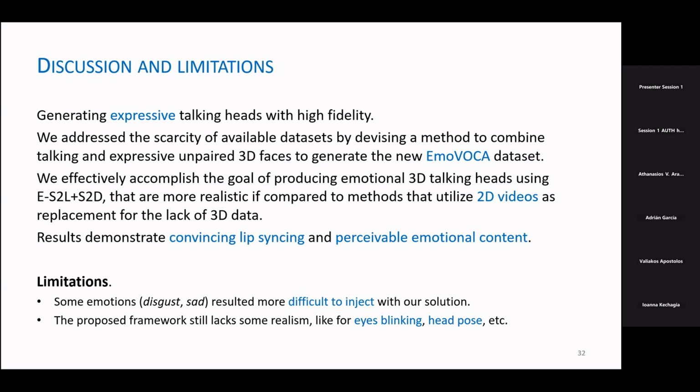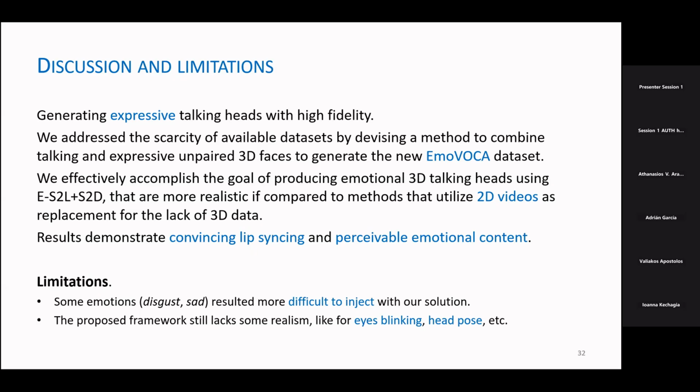So, as a conclusion for this second work I just presented, the idea is that of entangling together these two components, the talking head part and the emotional part. What we are able to do is generate an animated talking head that combines in 3D the lip movements with the emotional content.